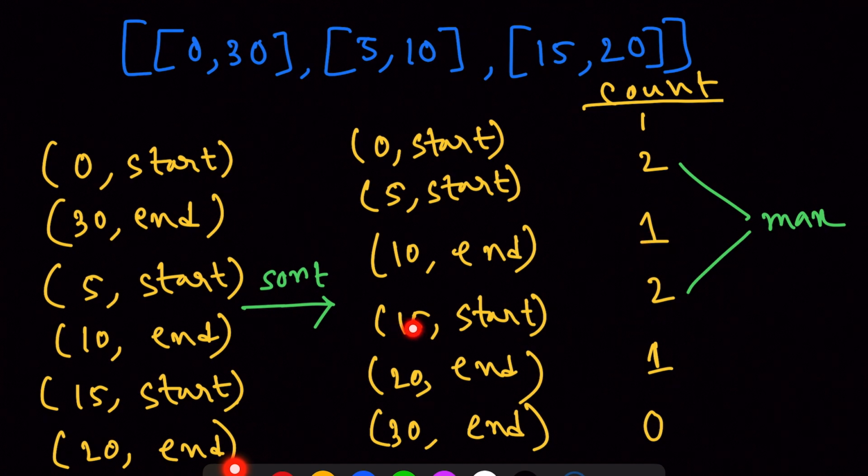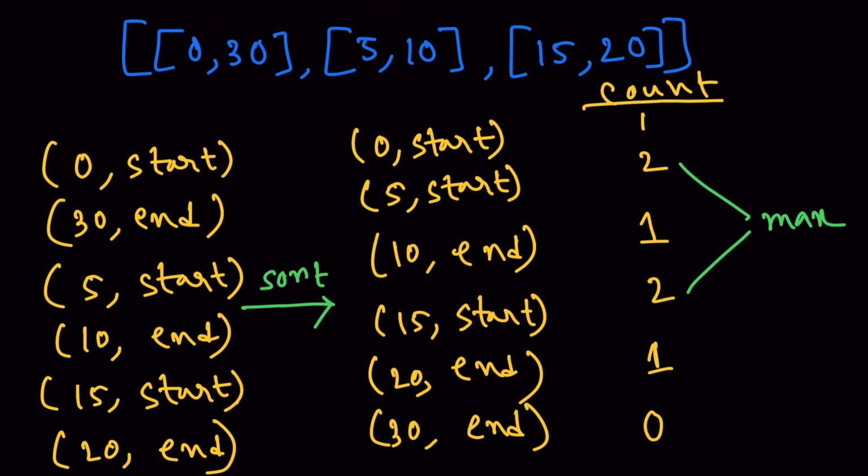At 15, again one more meeting is starting, so we have to increment our count. At 20 we are ending one meeting, so we are decrementing. At 30 we are ending, so we are decrementing. So if you take all the counts, the maximum is 2 in this case. So we need a minimum of 2 rooms to satisfy all these meetings.